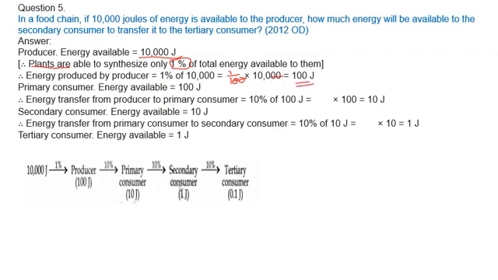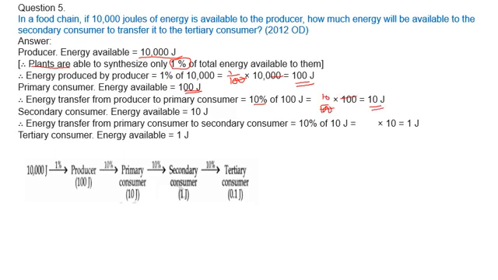If I cancel, I am getting 100 joule. So for the primary consumer, what is the energy available? 100 joule. And the primary consumer is going to utilize 10% of 100 joule. So we have to do 10% of 100 joule, that is 10 divided by 100. We cancel the zeros and 10 joule is remaining.